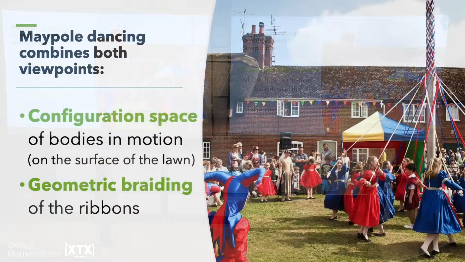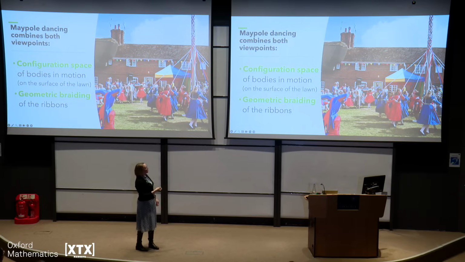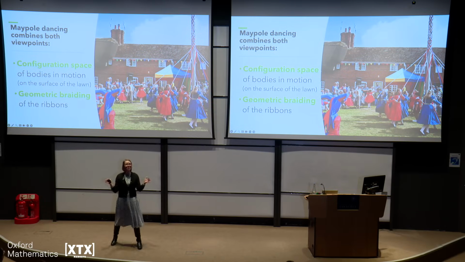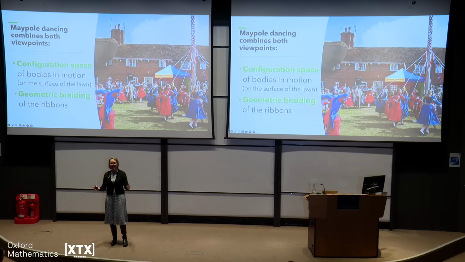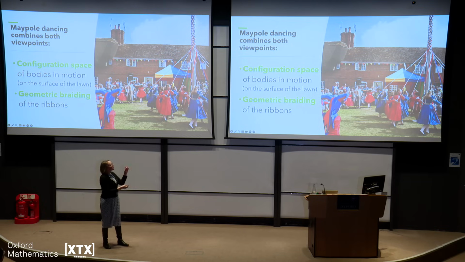And the reason I put maypole dancing in the blurb for this talk is because it perfectly encapsulates both perspectives on braids, right? So we've got the configuration space of bodies in motion. In this case, it's the dancers on the lawn, right? They're moving into each other and they don't want to crash into each other, right? That's really, really bad when dancers crash into each other, okay? But we've also got the geometric braiding around the pole, right?